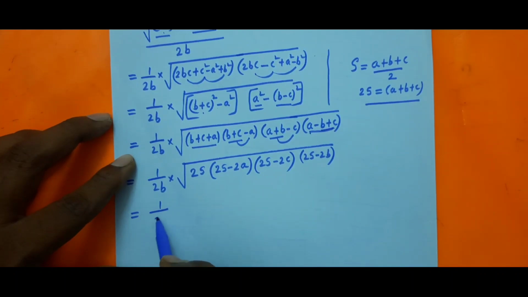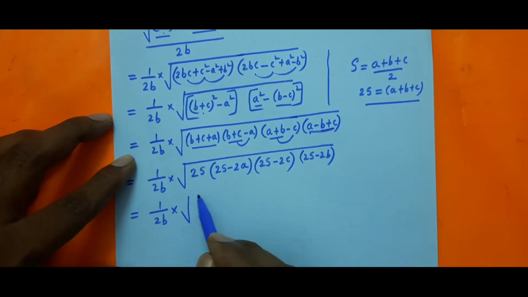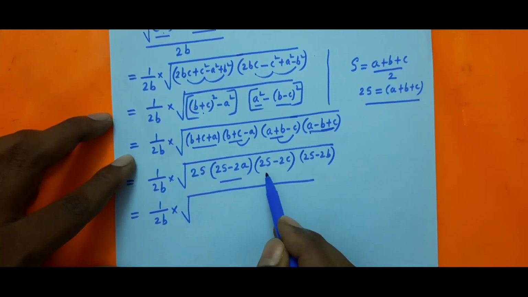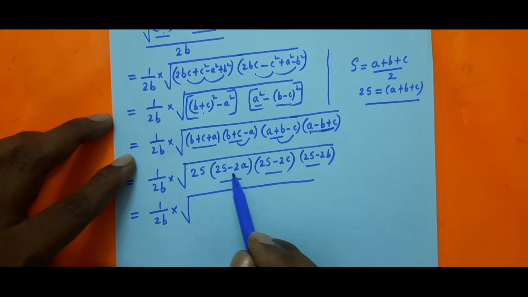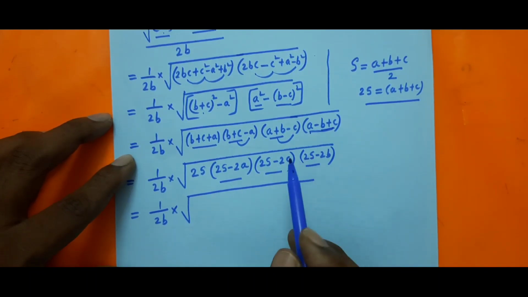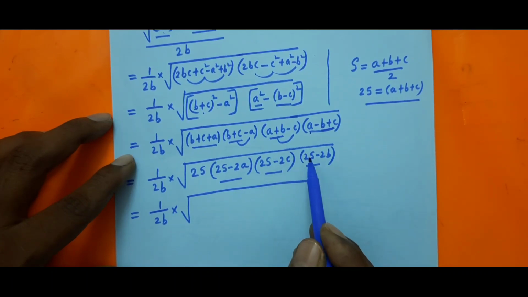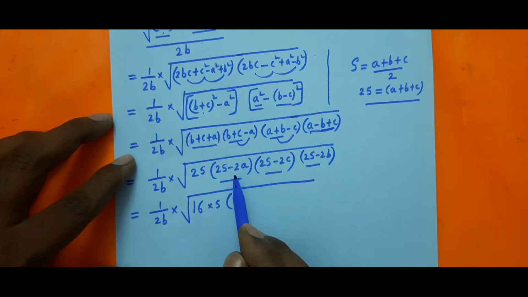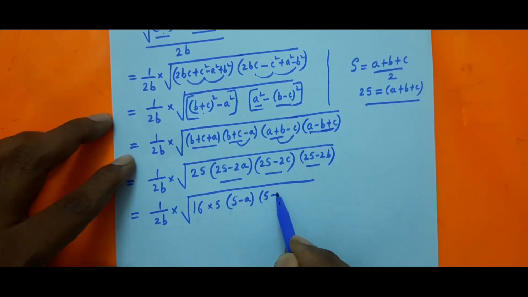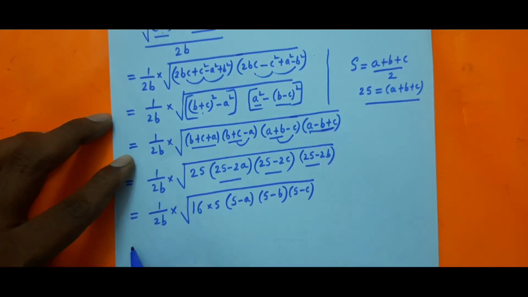Next, 1 by 2b into square root. In these three factors, you take 2 as a common factor. Here 1, 2, here 1, 2, here 1, 2. So overall 2 into 2 into 2, 8, and there is one more 2. 8 into 2, 16 into s into, after taking 2 as a common factor from these three brackets, you will have (s minus a) into (s minus b) into (s minus c), which I wrote in a proper order.